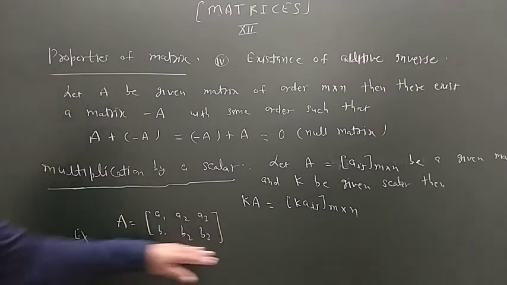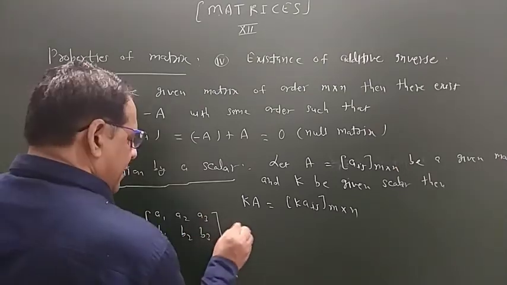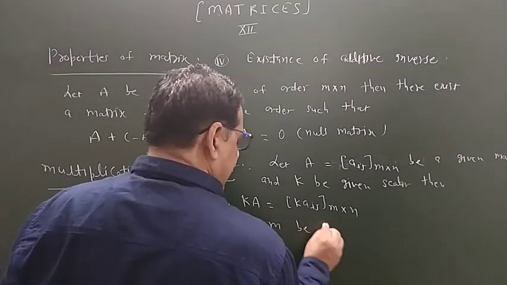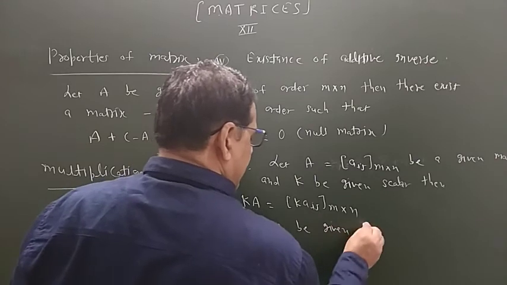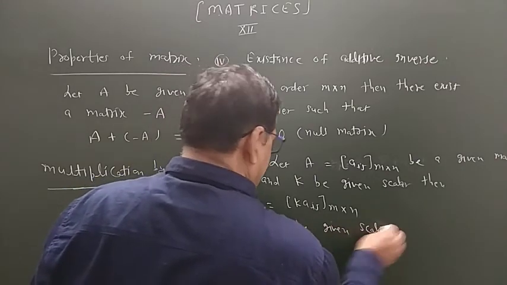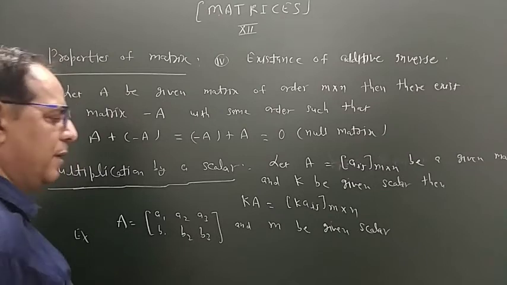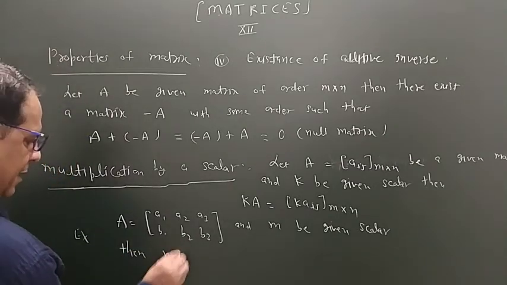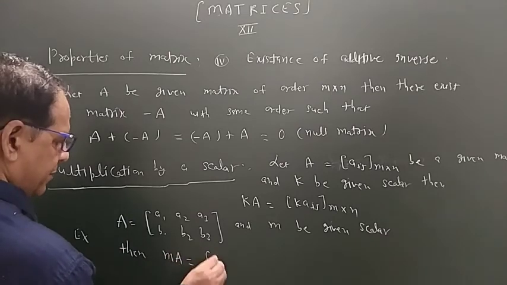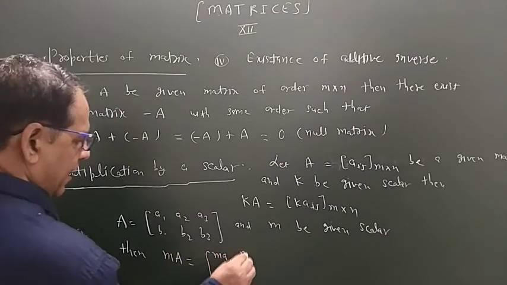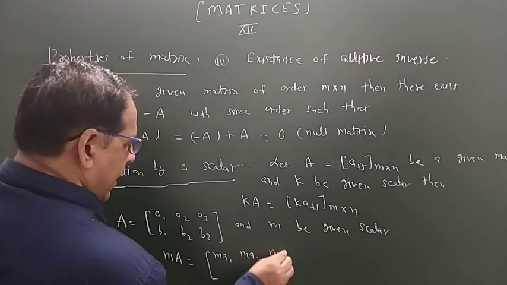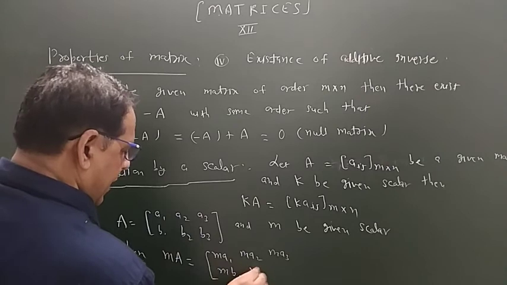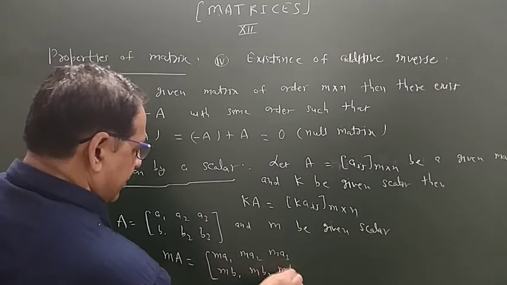This is a matrix of order 2 by 3 and M is a given scalar. M we will take as any numerical value, then MA equals MA1, MA2, MA3, MB1, MB2, MB3.